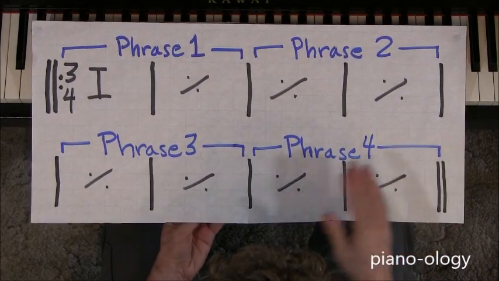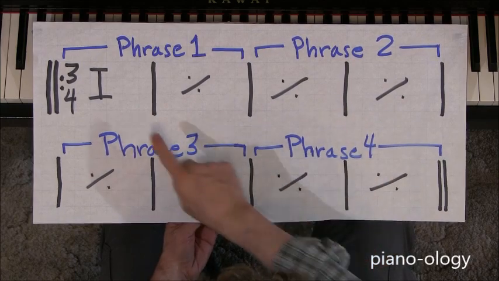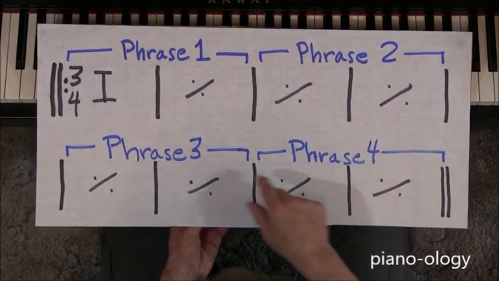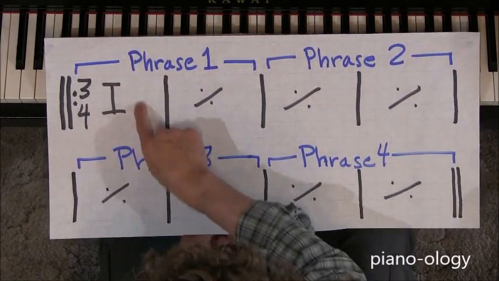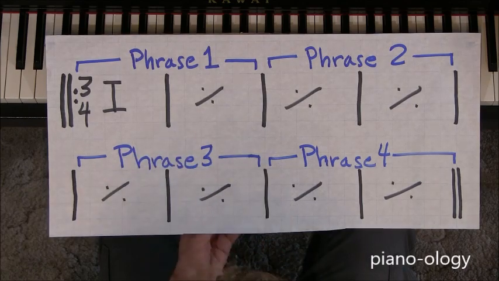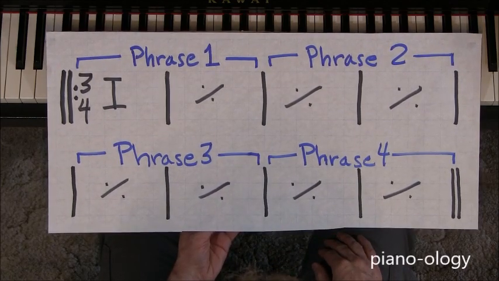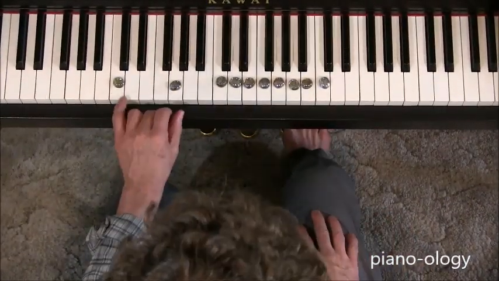So let's remind ourselves, we're going to play an 8-bar form with 4 distinct 2-bar phrases in 3/4 time, and it's all going to be based on just a single major triad, right? In a major tonality. So, to that end, let's keep it simple.